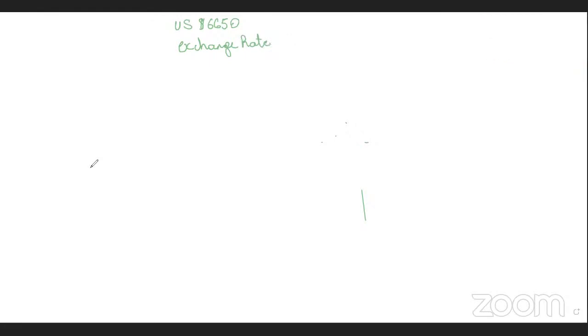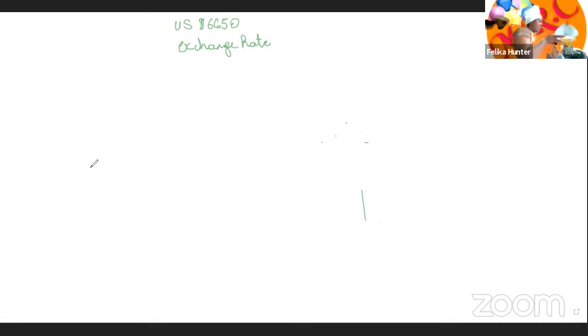Now you don't have to write the exchange rate. Just write US $6,650, and then you just put the exchange rate now, which is EC $1 equal US 35 cents.